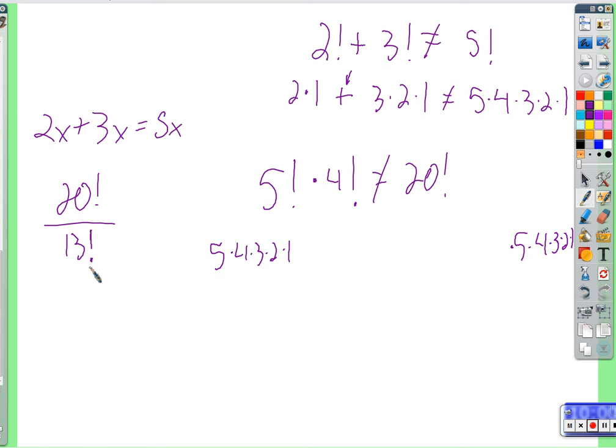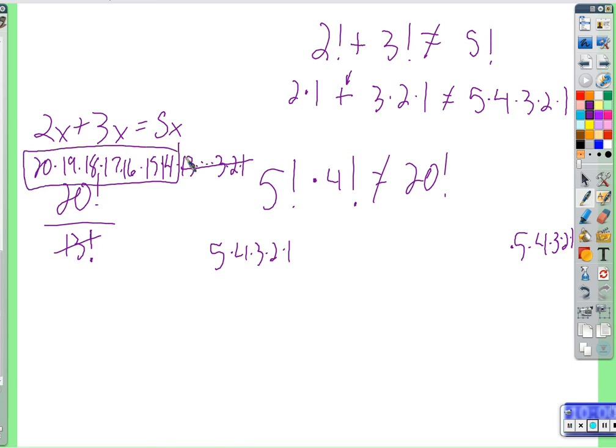So to figure this out, you would just have to write 20 times 19 times 18 times 17 times 16 times 15 times 14 times 13 all the way down to 3, 2, 1. And then realize 13 factorial cancels out 13 factorial. And this is what's left over. It's not any kind of factorial.